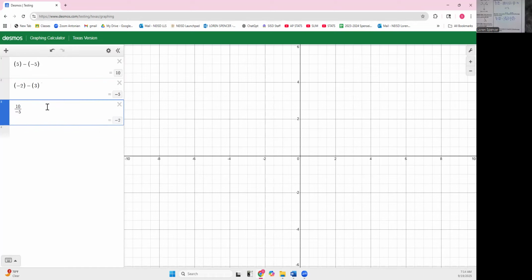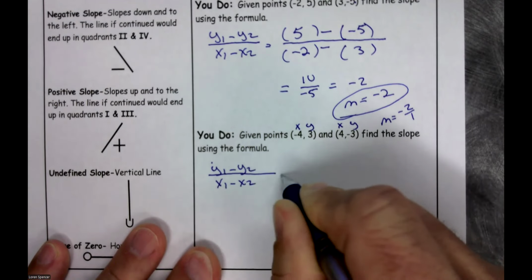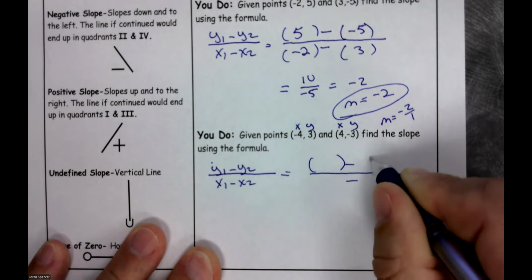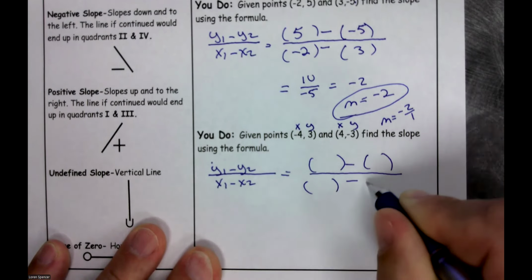Finally, we have this last one, and it's -4, 3, and 4, -3. Once again, this is my x, this is my y, this is my x, this is my y. And we have y1 minus y2 over x1 minus x2, minus, parenthesis, parenthesis, parenthesis, parenthesis.